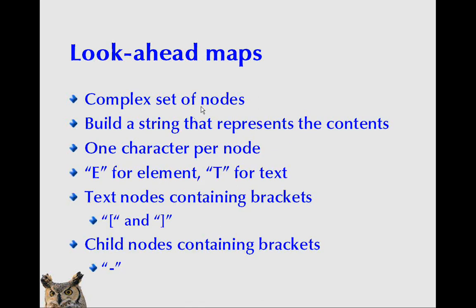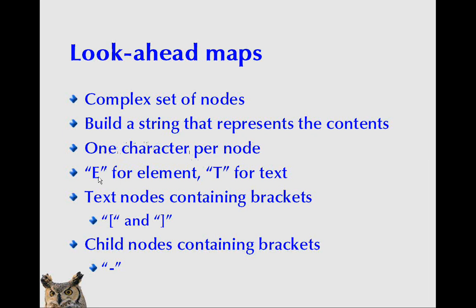Now, a particular type of look-ahead operation that we created for this is something I call a look-ahead map. The idea of a look-ahead map is you take a complex set of nodes and you reduce that set of nodes to a string that represents the contents of that node. The string would consist of one character per node.